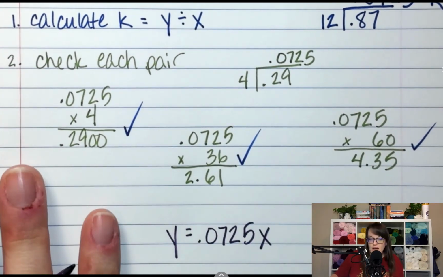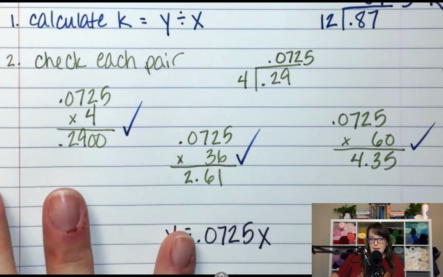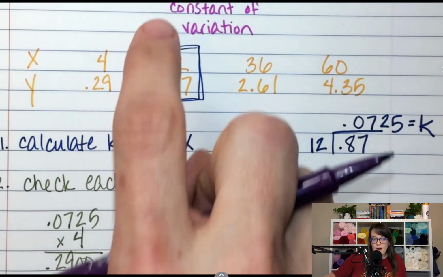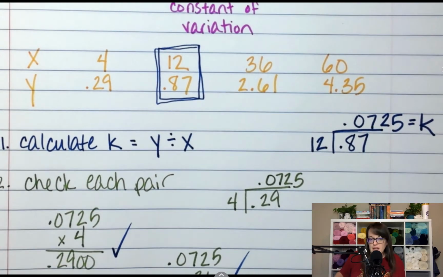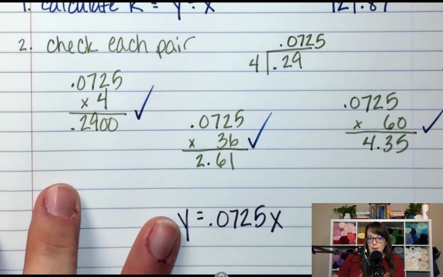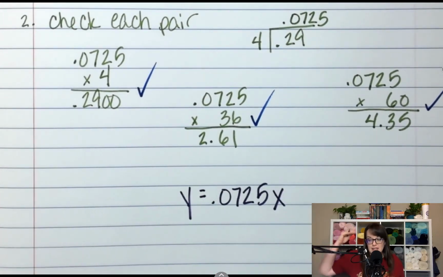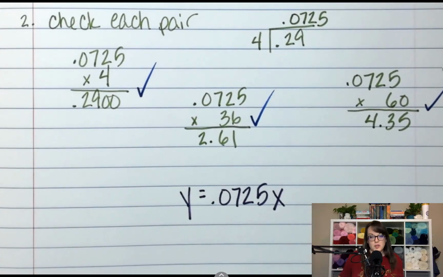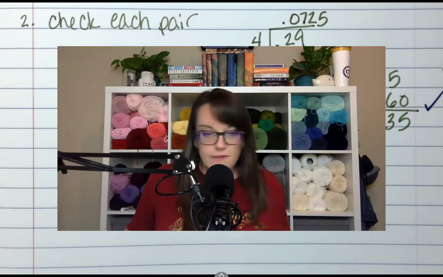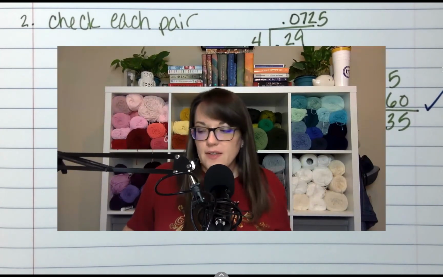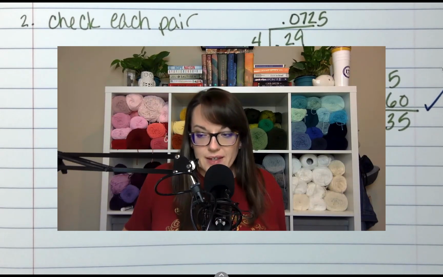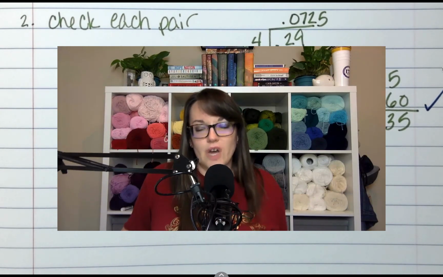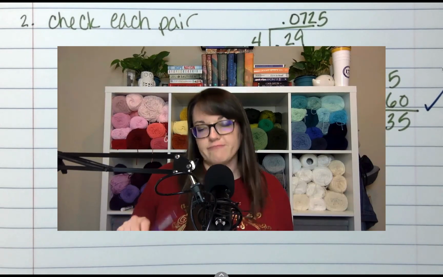And remember, I found this number by dividing y divided by x. Y divided by x is how I found k, and k is what I'm multiplying by to get from my x to my y. So think of this as proportionality. Think of it as unit rate. You're just figuring out how much one thing is and then seeing if it follows that same rule for everything. Good luck.